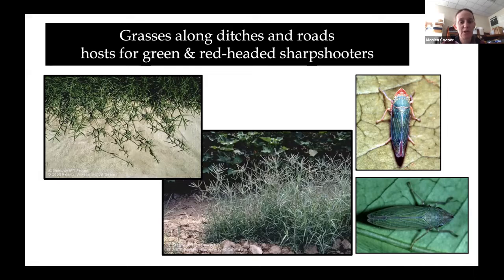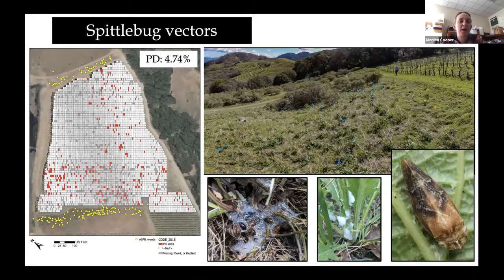Of course, there's not much you can do if you have a golf course. You can't really revegetate that with some other species, but it's just something to know that those grasses can also be refuges. With the spittlebug vectors, this is a little bit more complicated.